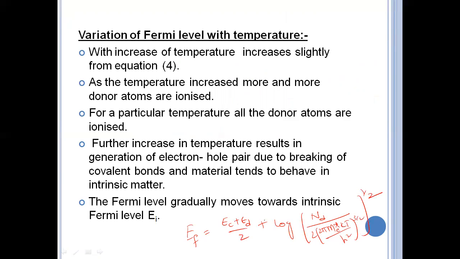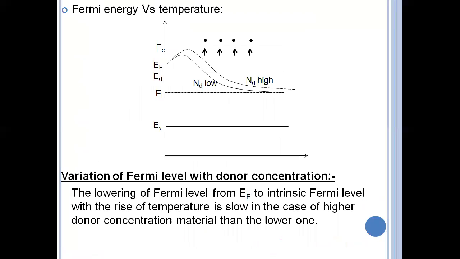Now keeping this at 0 degree Kelvin, EF is equal to (Ec plus Ed) by 2, so that means at 0 degree Kelvin, the Fermi energy level will be at the center of conduction level and donor level.